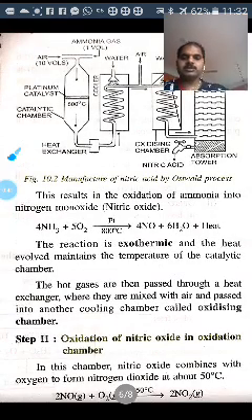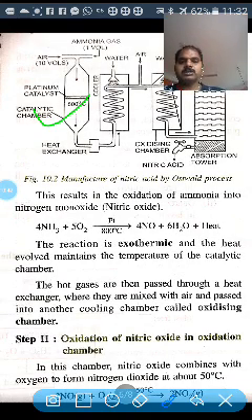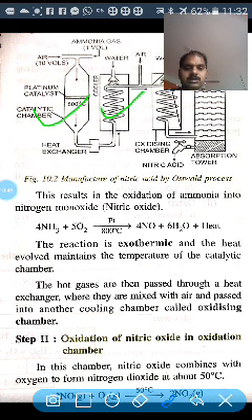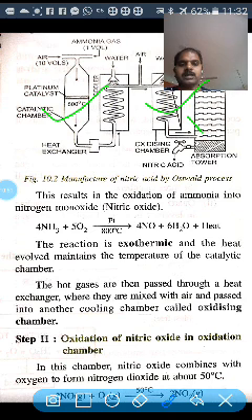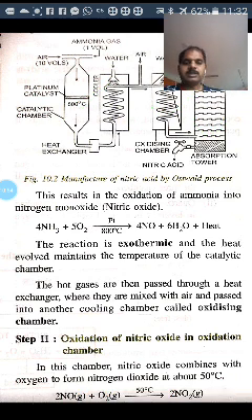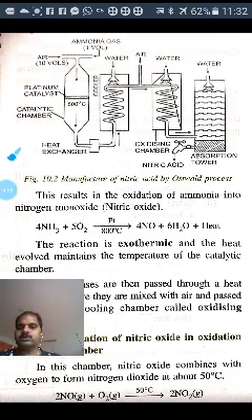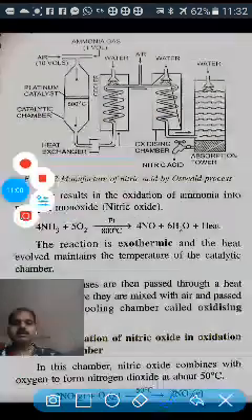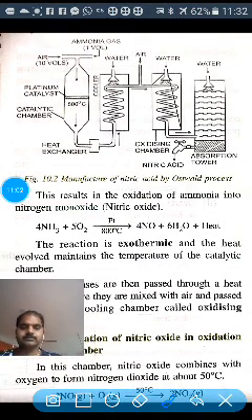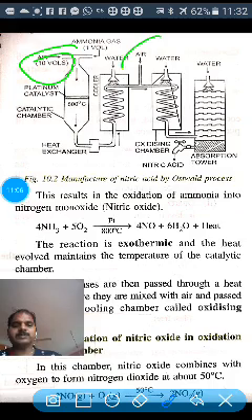Remember the chambers. This is chamber 1, this is chamber 2, and this is chamber 3. So in all these chambers oxygen is required, so oxygen is taken in higher quantities, and you see oxygen is poured here in 10 volumes, and again it is poured here.